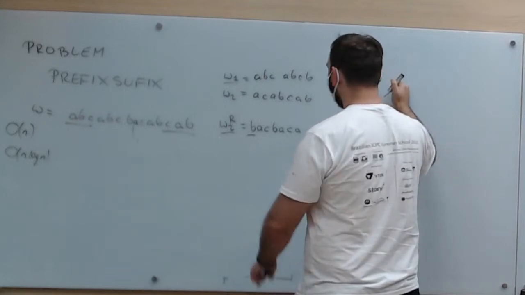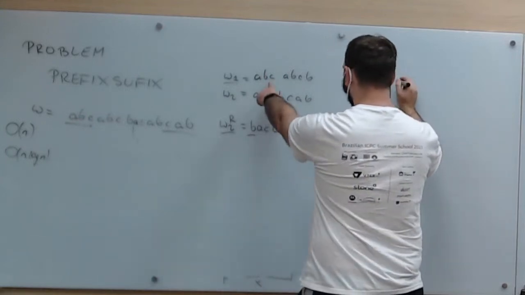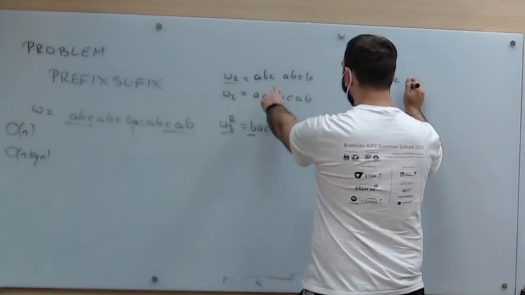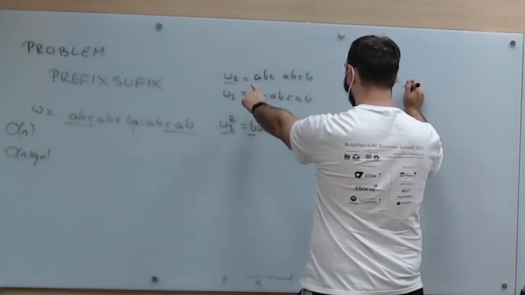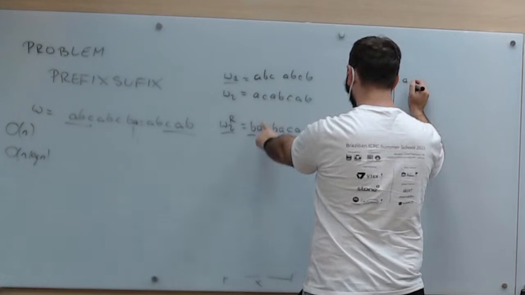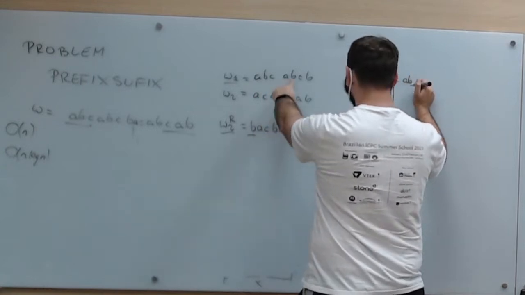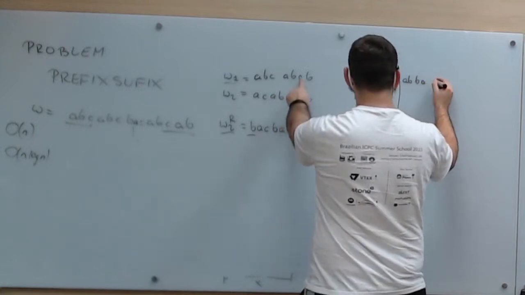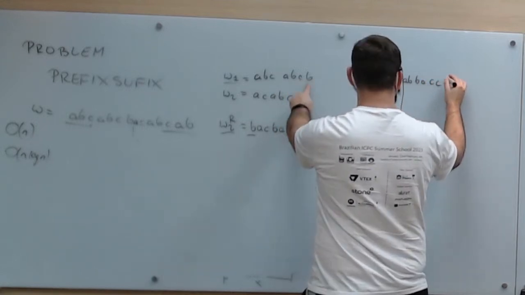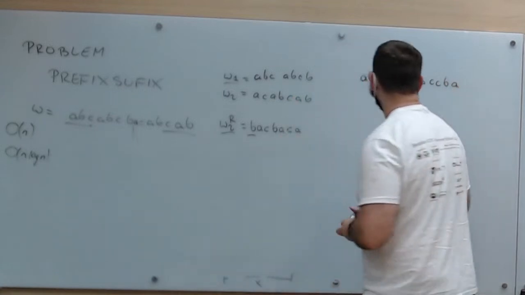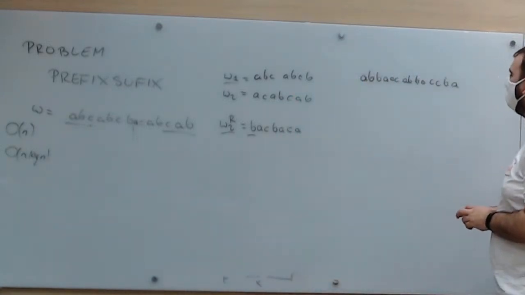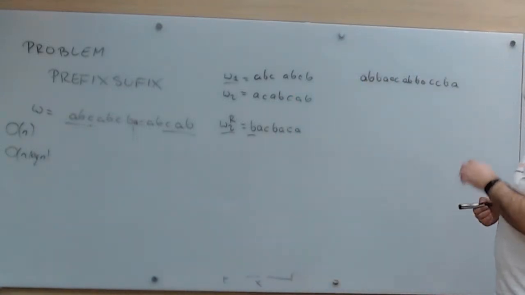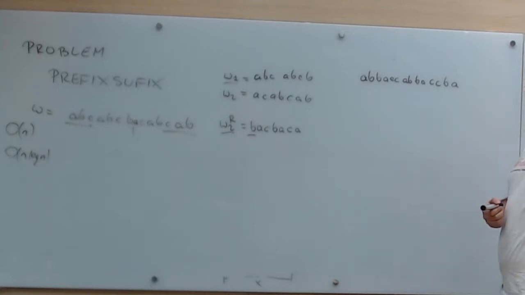Then I have B, then A, then C, then C. Then A, then B, then B, then A, C, C, B, A. Okay, I did something, but why did I do it and what was the purpose of that? Yes. No.